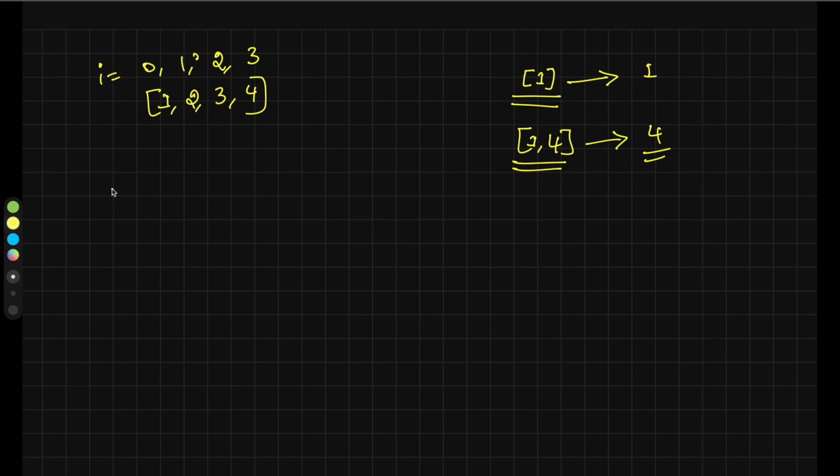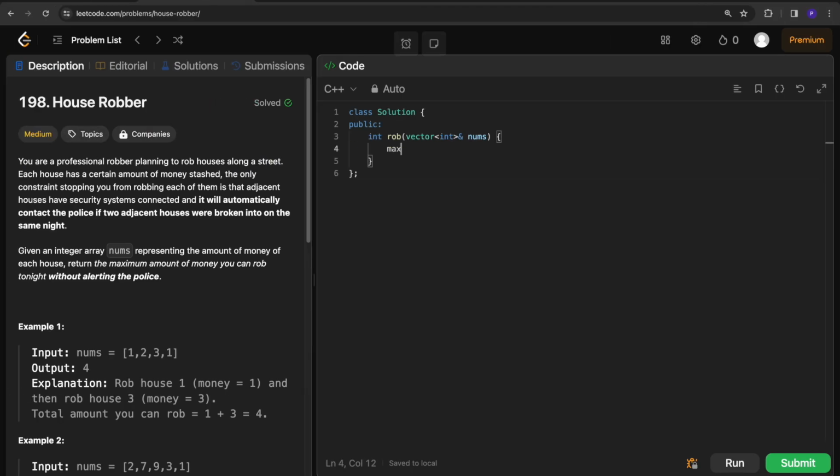Let's define our dynamic programming array. I'm going to explain this with the code. Let's declare an array, maximum rob value till, it is an integer array, and it has to be of size nums.size. So we have this array max rob value, and we should fill up the base case first.